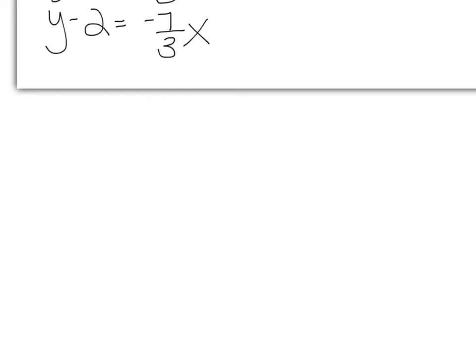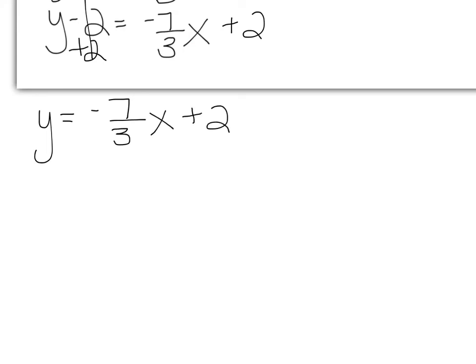Now again, we've got a negative a and a fraction for a. So I'm going to go ahead and move my x. But before I do that, I'm going to add 2 to both sides to get my constant in place, leaving me y equals negative 7/3 x plus 2.